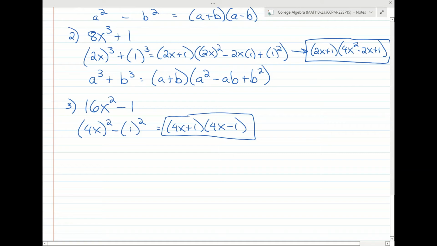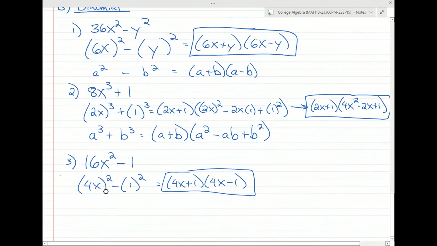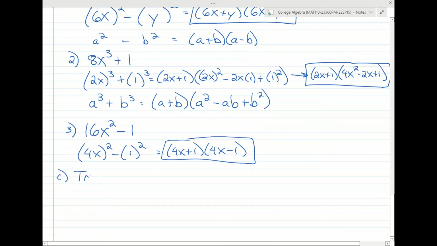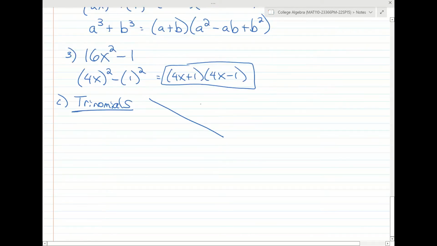All right, let's talk about how to factor a trinomial now. If you remember when we were talking about trinomial factoring, we did the x, where we had the b term here, ac here, and we were looking for numbers that added together were the b term and multiplied together were ac.